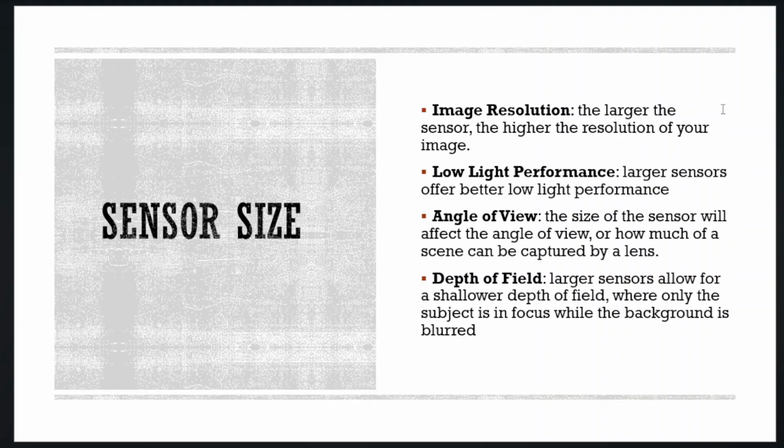The angle of view also depends on the size of the sensor, and so does the depth of field. These are some of the parameters that depend on the sensor size. So before we buy a camera, we have to know these parameters, which make us choose what type of camera we have to buy.